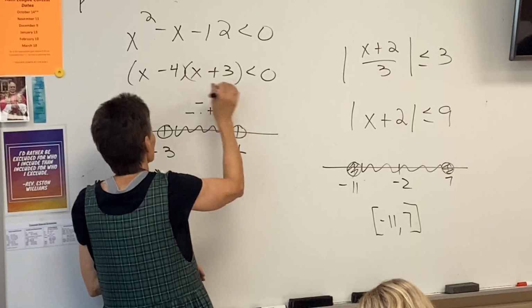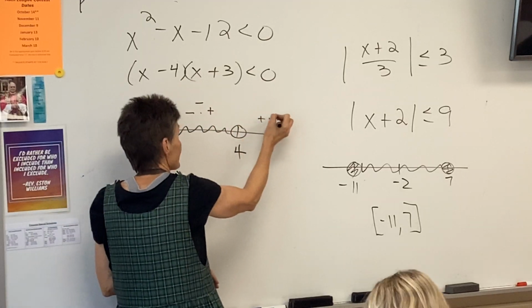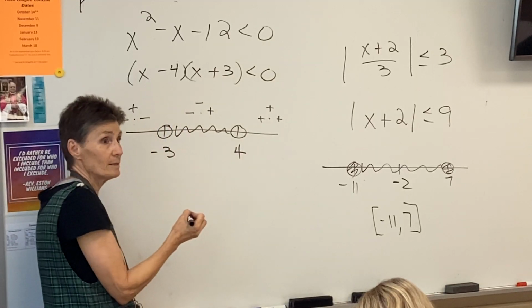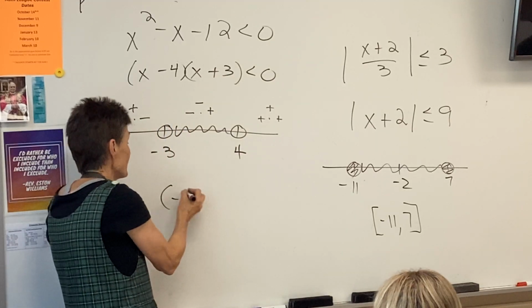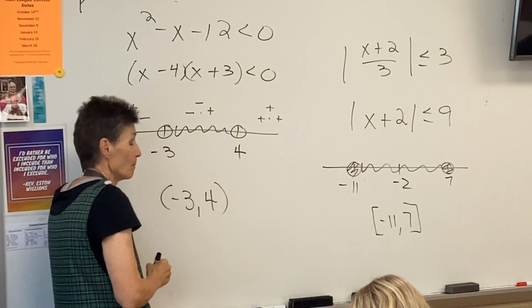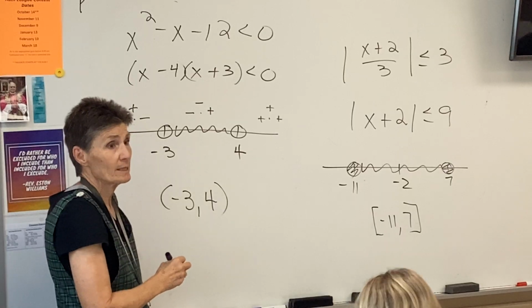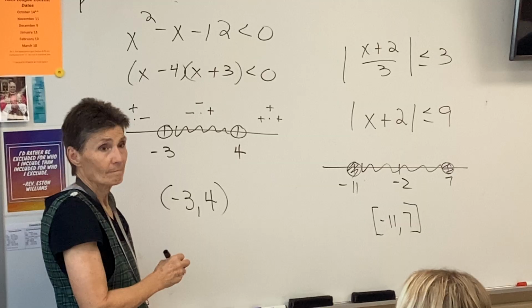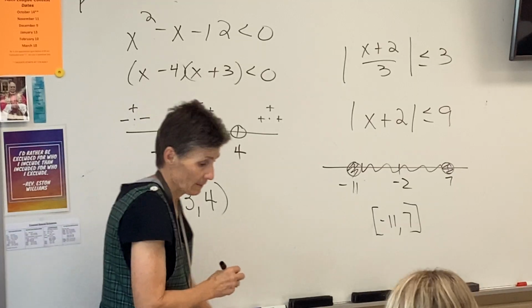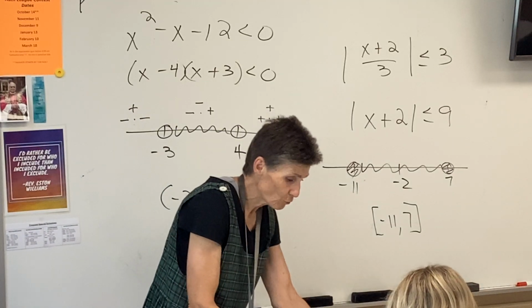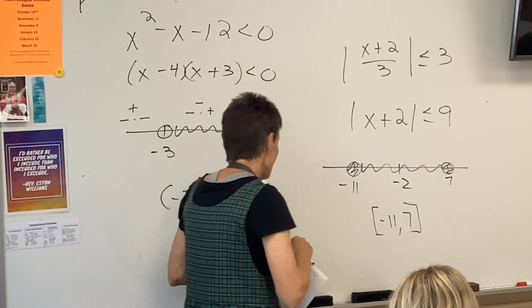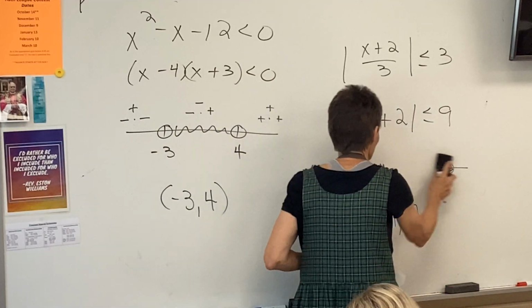And then 5. 5 gives me a positive times a positive, which is not what I want. So my answer is simply the section of the number line from -3 to 4. Would you try problem E using the same methodology?